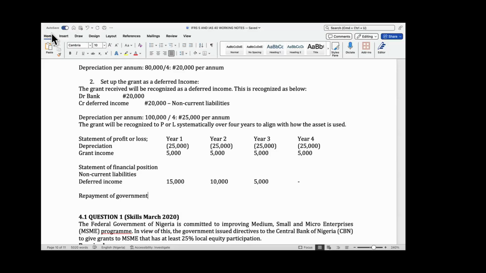Okay, so I want to use this opportunity to talk about repayment of government grants.